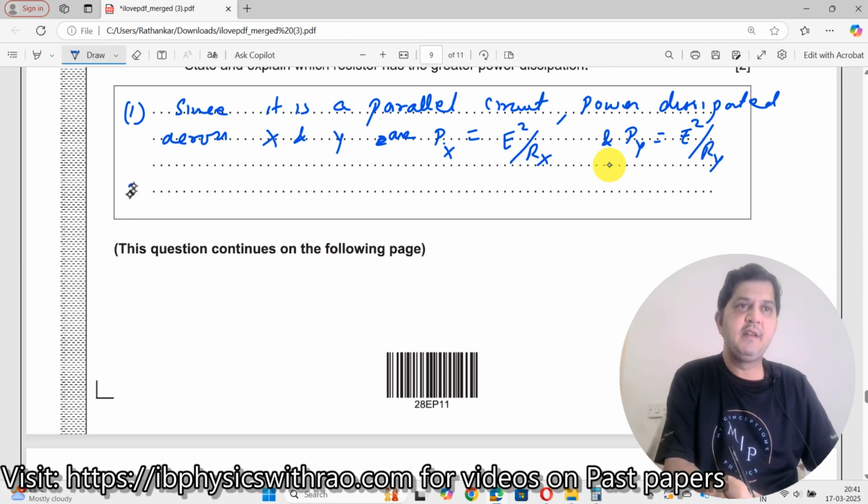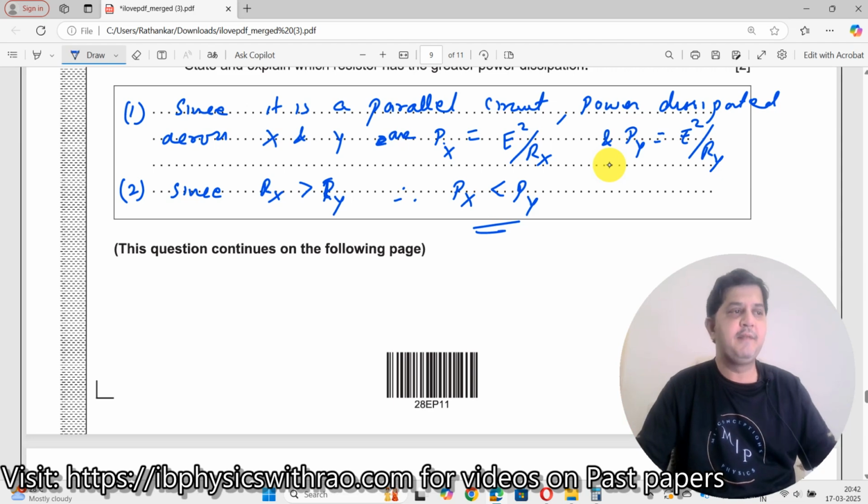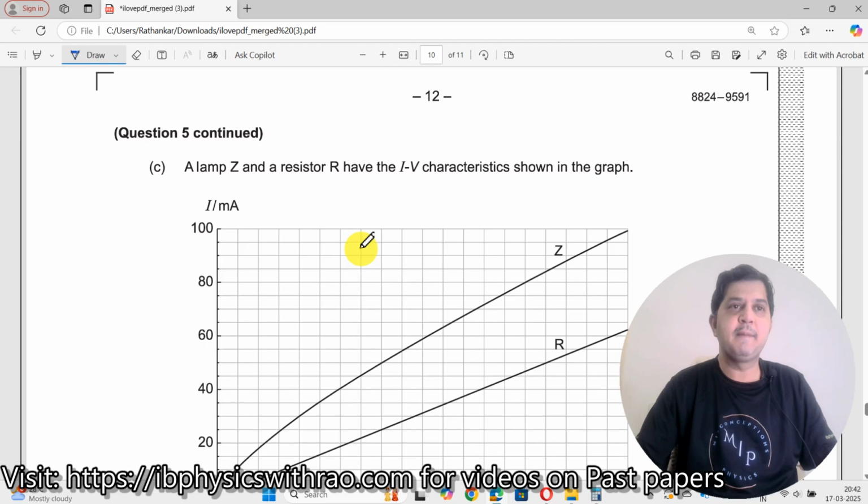That is the first point. Second mark: since Rx is greater than Ry, therefore Px would be less than Py. Okay, done. We have compared it and written the whole thing down. Now let us move on to the next one.